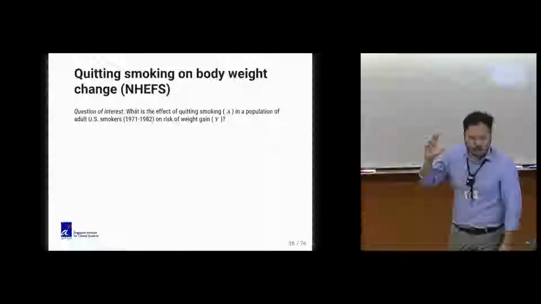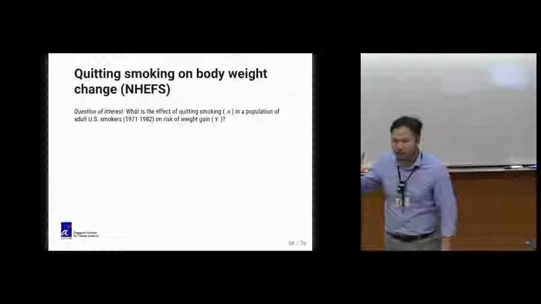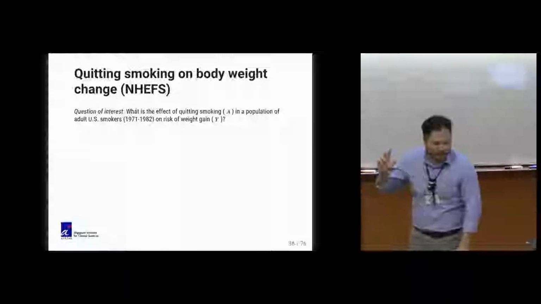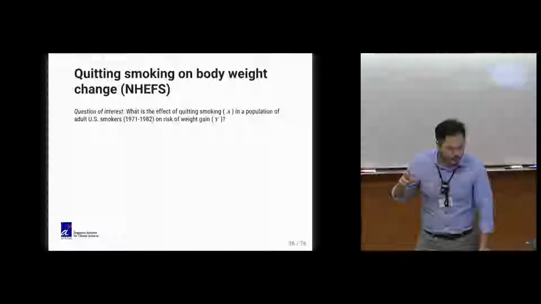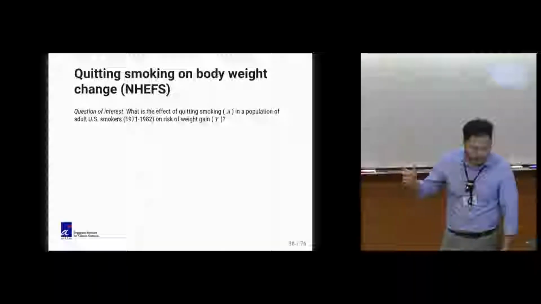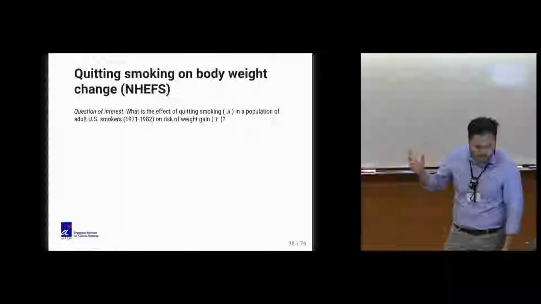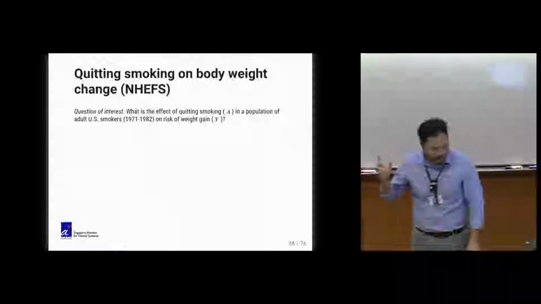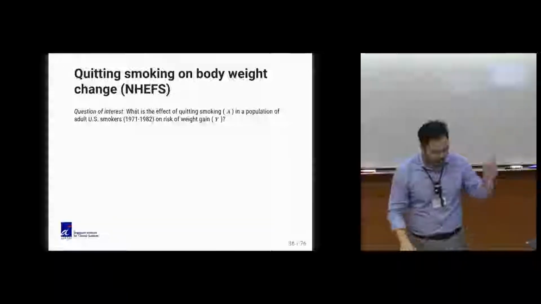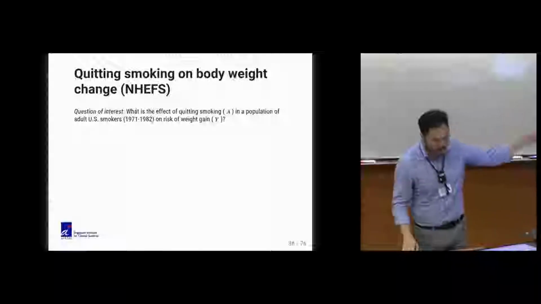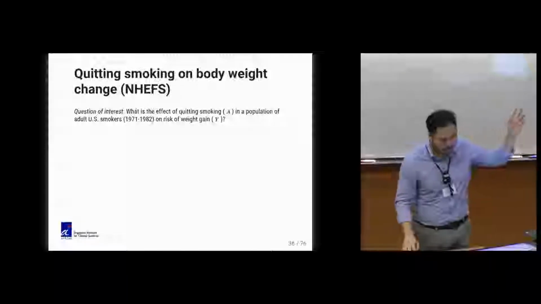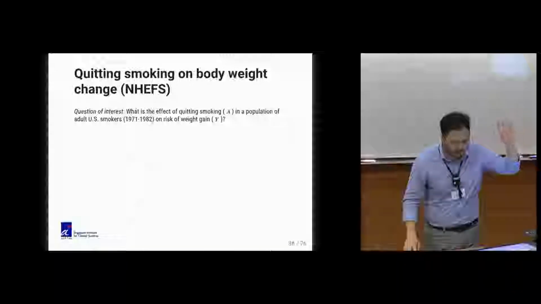So it's a US population-wide survey on health and healthy behaviors. And this particular epidemiologic follow-up study looks at some people in the time window between 1971 and 1982. So it's the effect of quitting smoking in a population of smokers on the risk of weight gain, weight gain being a dichotomous variable.